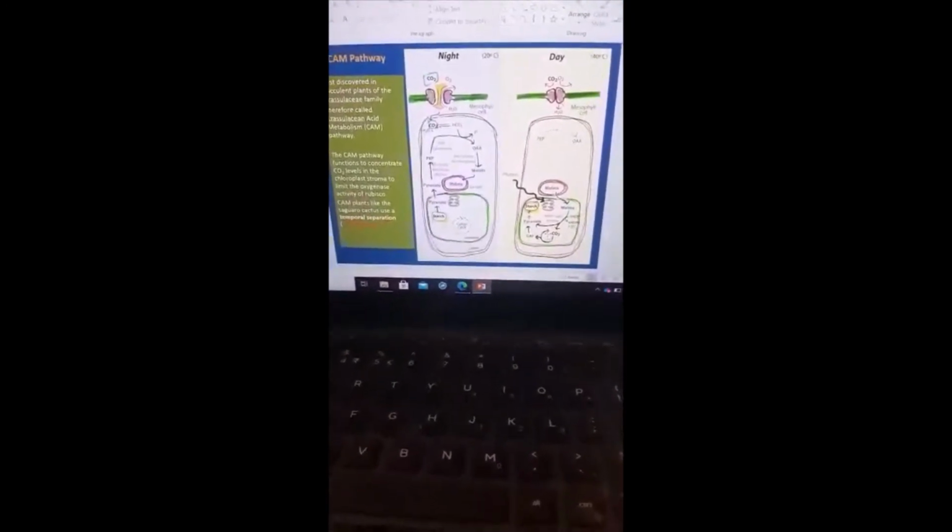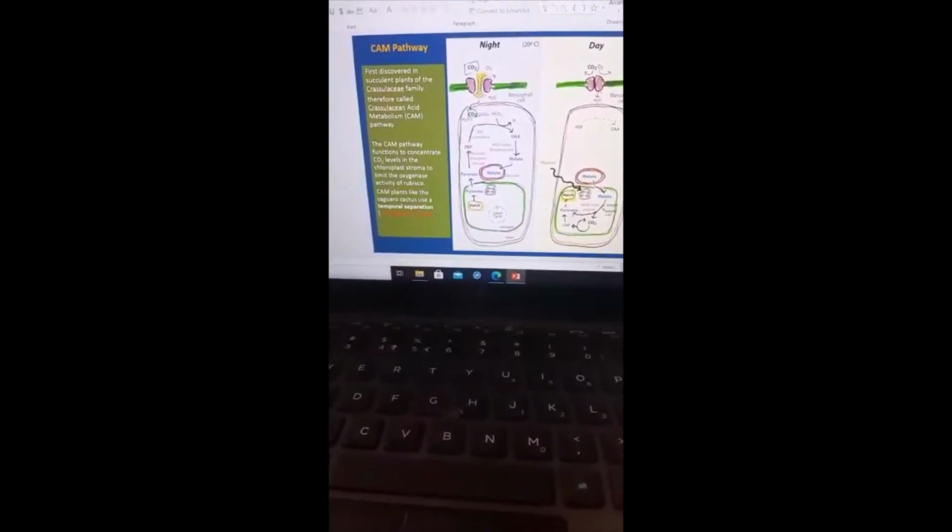And the Calvin cycle will result in the formation of starch. It will result in the formation of glucose molecules, which the CAM plant can use for other purposes. It can form sucrose, it can form starch, it can form cellulose, and so on.